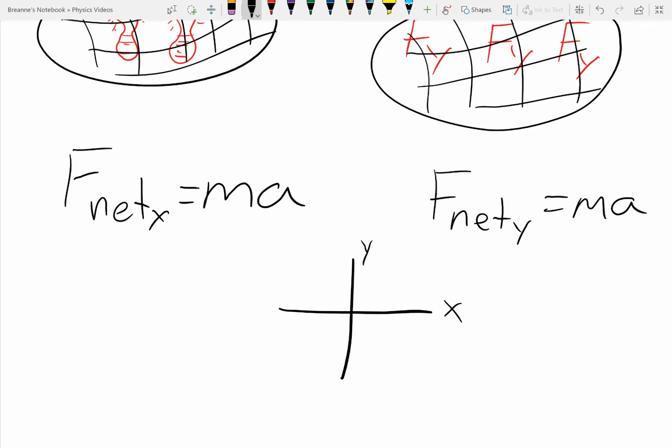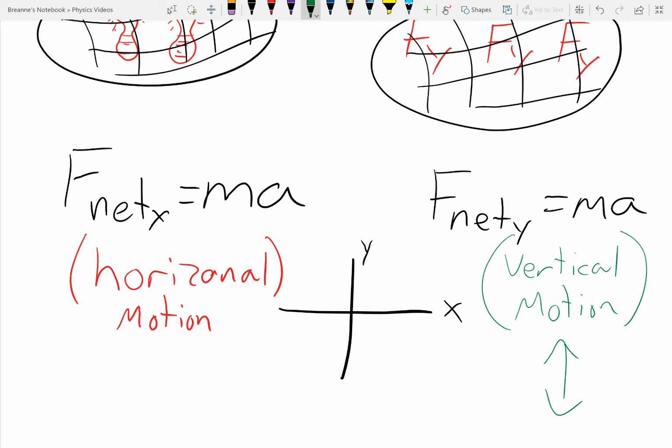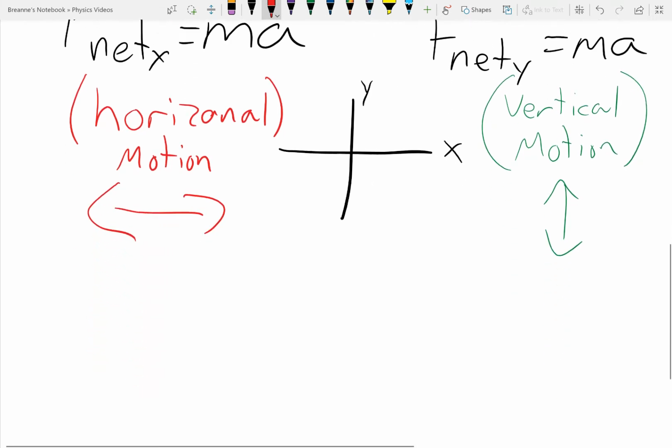Your x is horizontal, so anything that's going horizontal, left or right. Your y is your vertical motion, so anything that's going up or down.